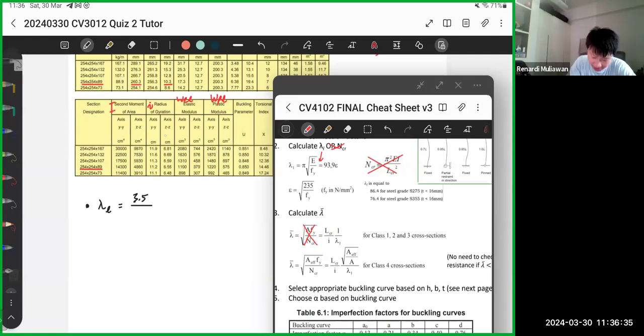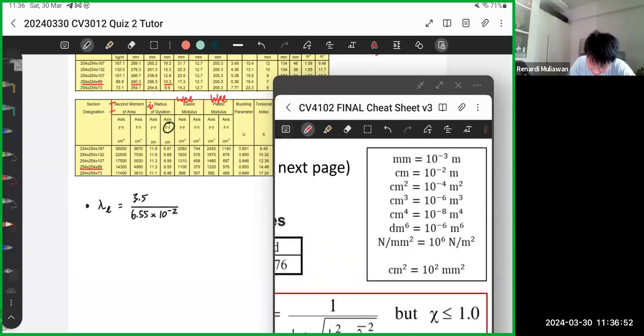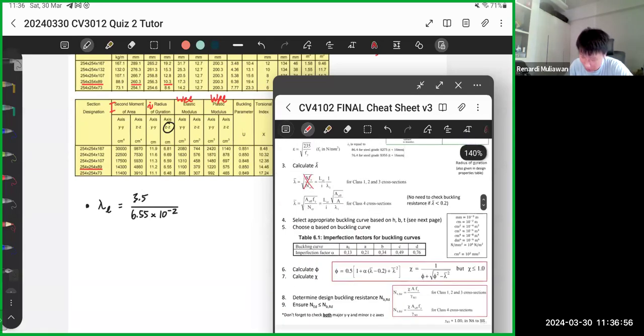In most cases, it's ZZ. So in this case, it's 6.55 centimeters. Let's make it SI, so 10 to the power of -2 meters. I will explain later when to use iy.